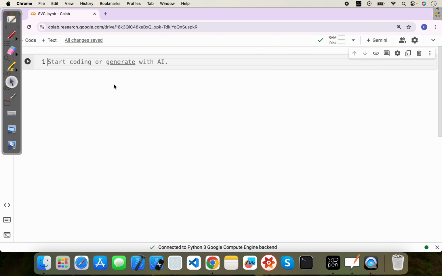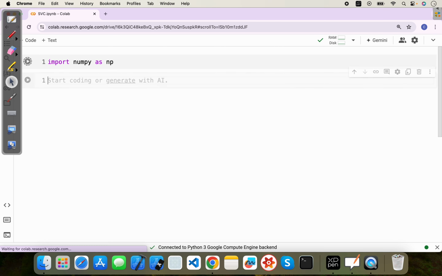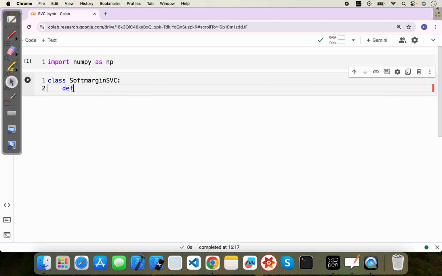Okay, so let's implement. So first I would require one library to import, which will be numpy. Import numpy as np, right? Let's define a class, let's say SoftMarginSVC, right? Let's define init method, self.